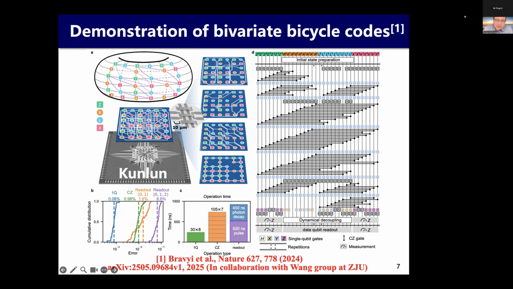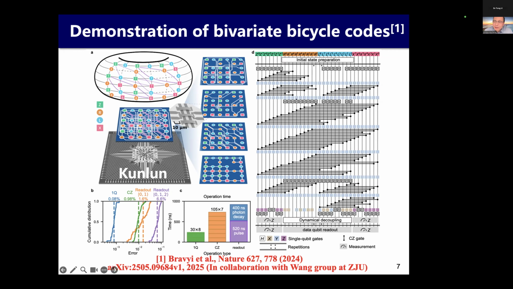That means we indeed have long-range couplers. We can couple two qubits that are far away from each other. This is based on the air bridge technique to get all these long-range couplers. Okay, I don't want to go into the technical details.